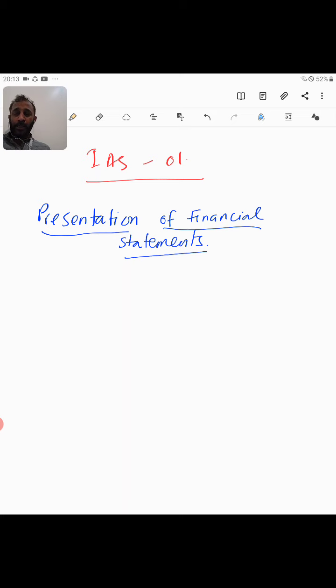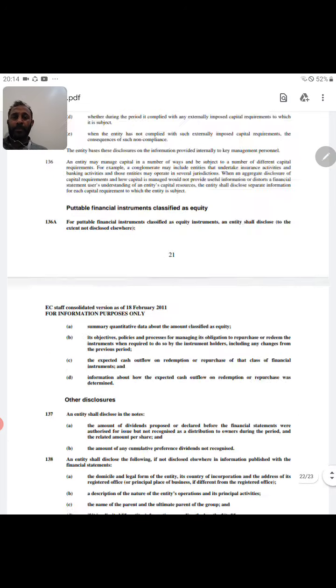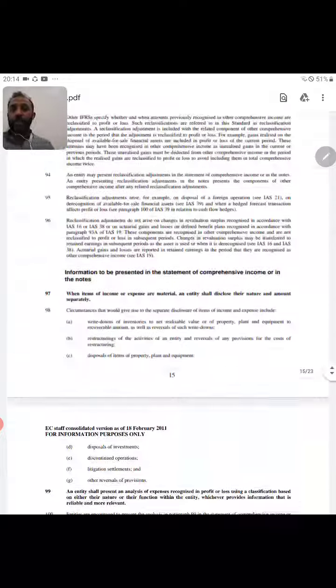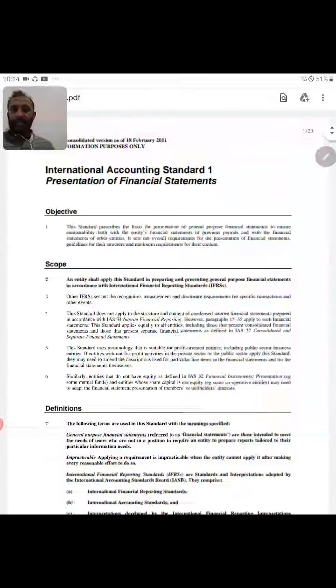Here we will go through this standard with the complete information, and then I'm going to discuss the excerpts and the most key information that is useful to all of us as users of the international accounting standard on presentation of financial statements.